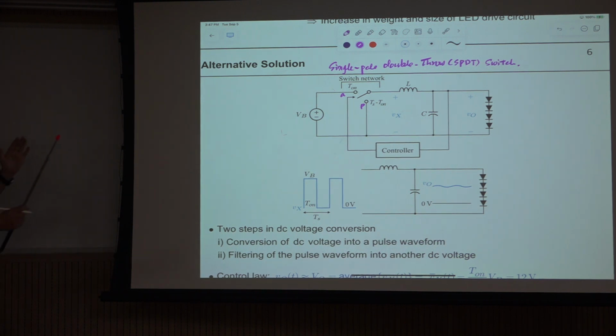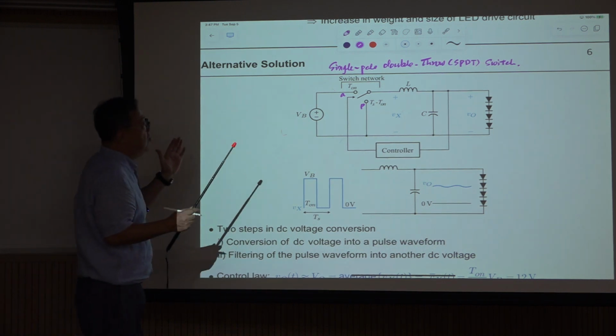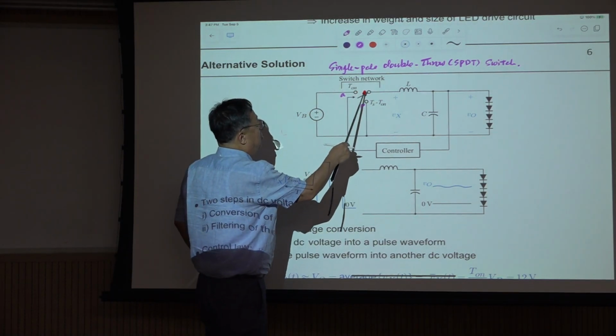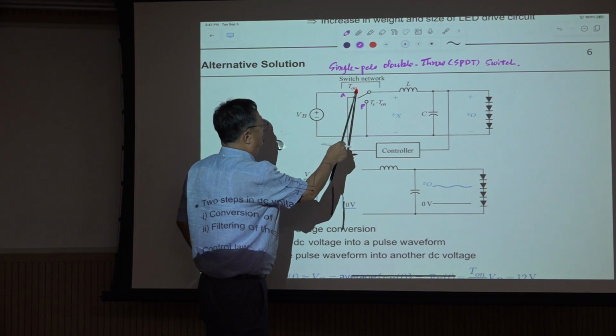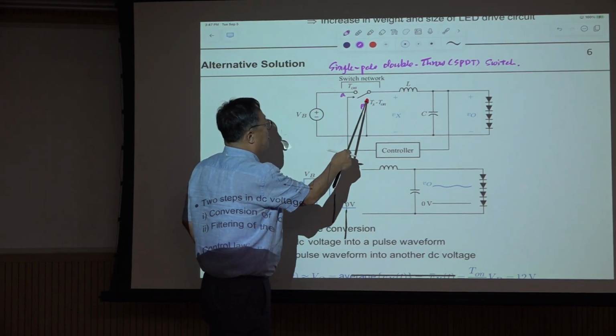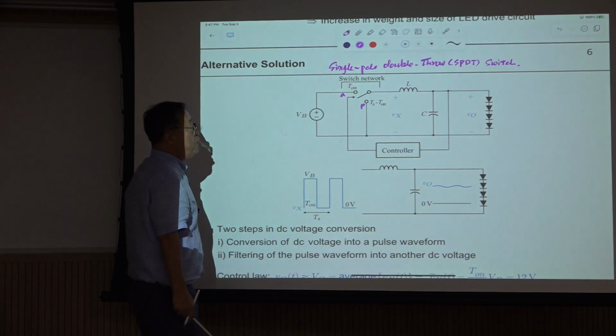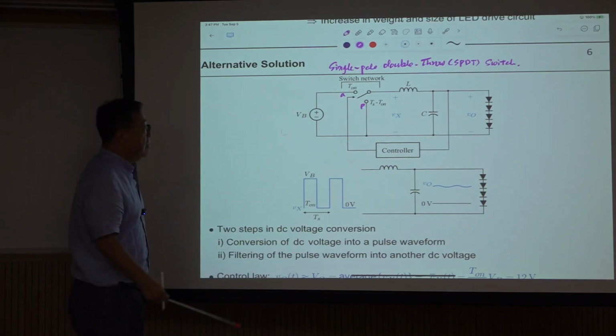During the fixed switching period TS, the switch is connected to port A for T on, and it is connected to P for the remaining part.